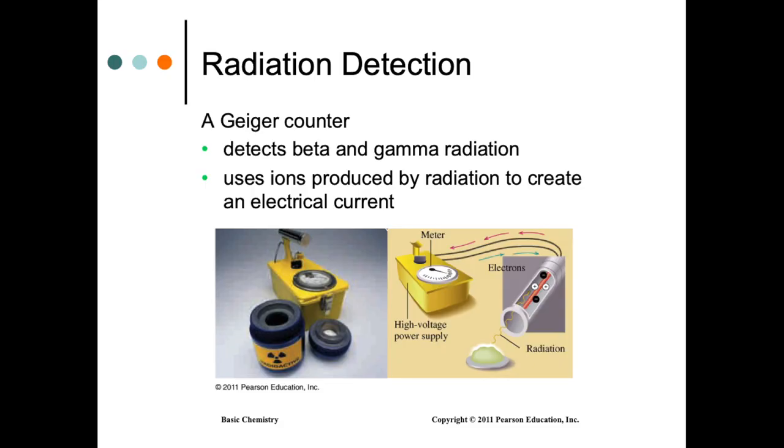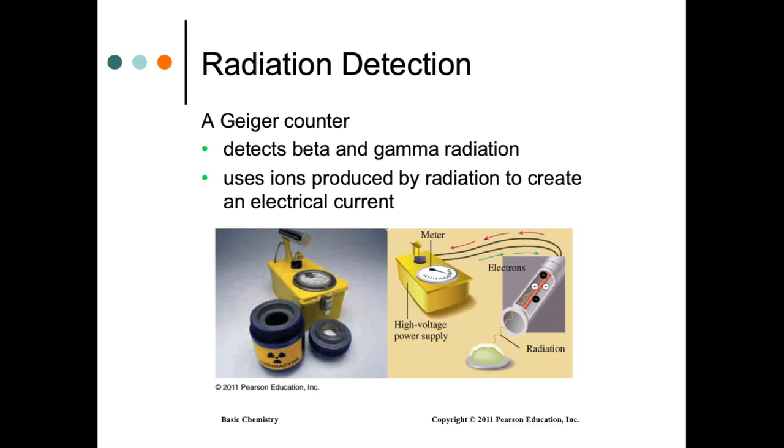All right, so the way it works is when these particles hit the probe, they generate an electrical current. The device basically measures that current, and it gives you a readout based on that current. The more radioactive your radioactive source, the larger the current you see and the more the needle moves on your dial.